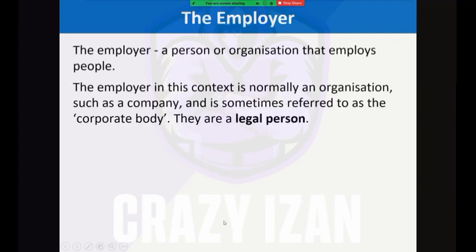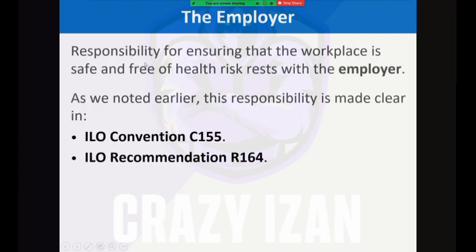Now, as we discussed, there are various people involved in the organization. First of all, there is the employer. The employer is a person or organization that employs people, that hires people. The employer in this context is normally an organization such as a company, and it is sometimes referred to as a corporate body. It can be a board of directors as well, and they are considered a legal person.